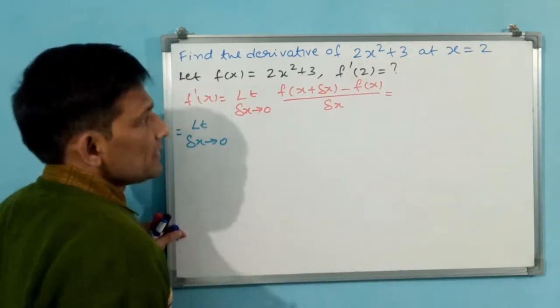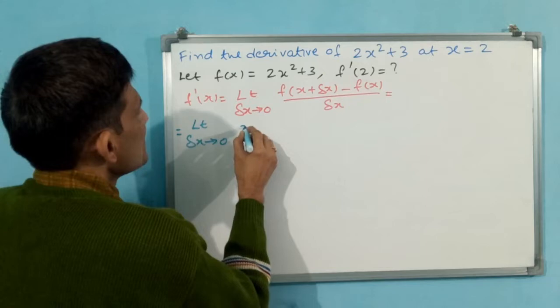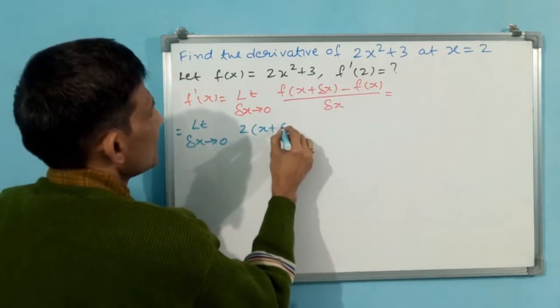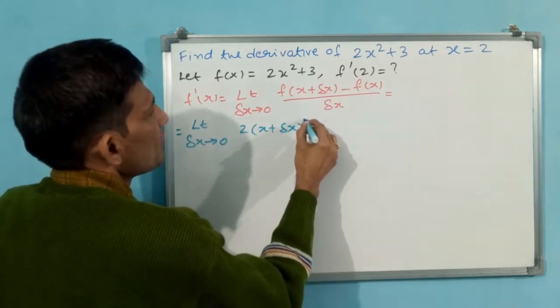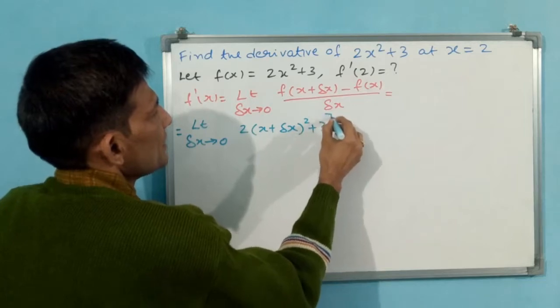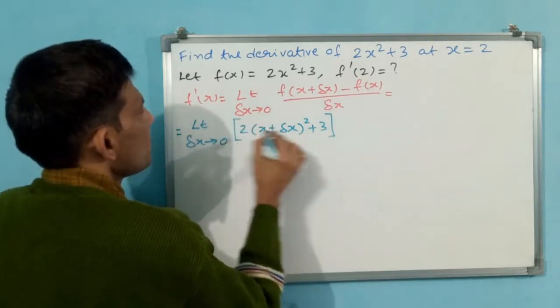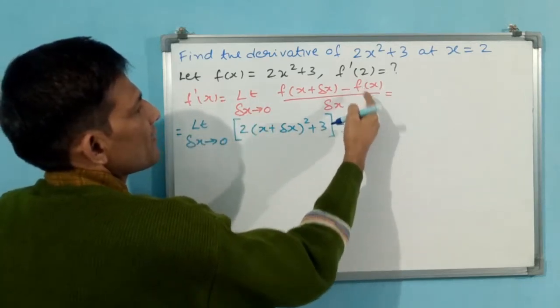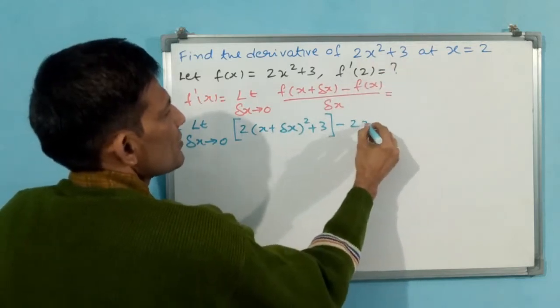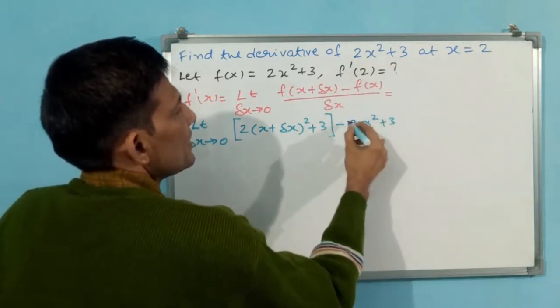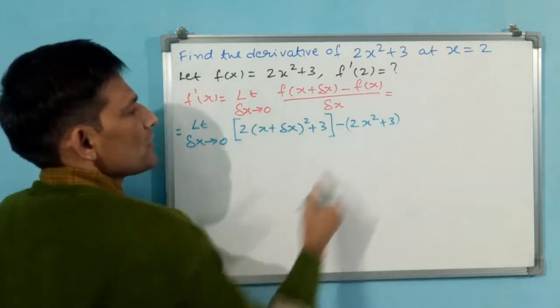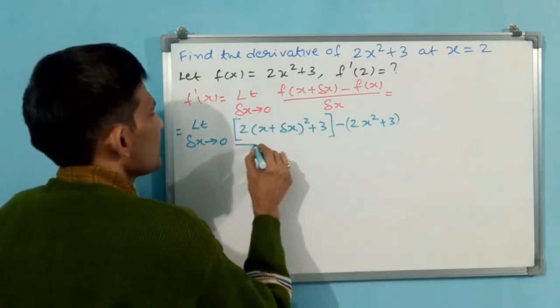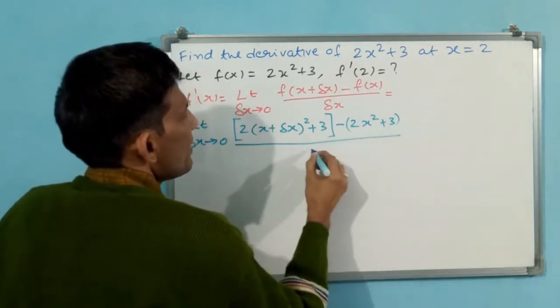So 2 into (x plus delta x) whole square plus 3. This will be under one bracket, minus f of x. f of x again you have to write, 2x square plus 3. Because two terms are there, you put in parentheses, divided by delta x.